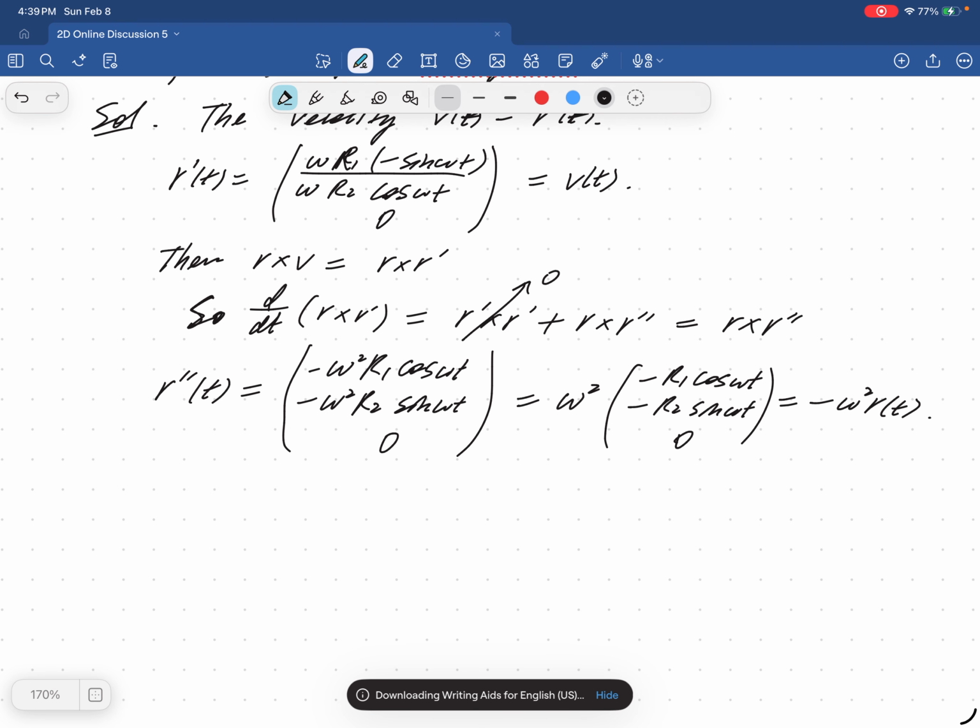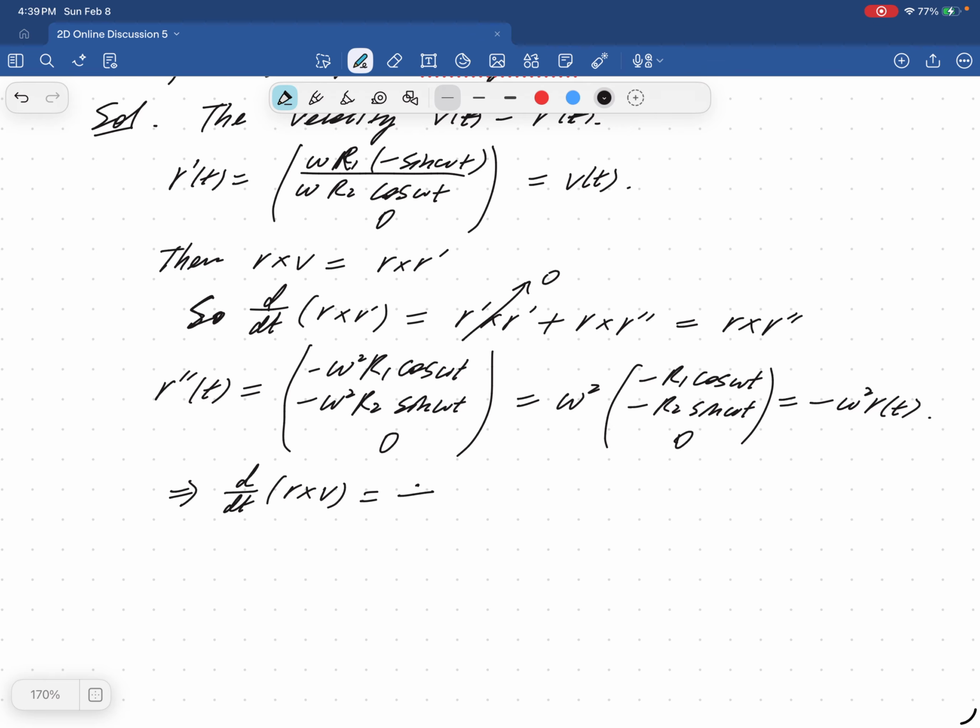And therefore, my rate of change of angular momentum, which is d/dt of r cross v, this is d/dt of r cross r prime, which we computed is r cross r double prime.